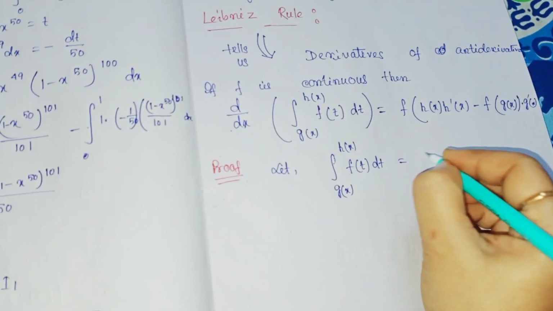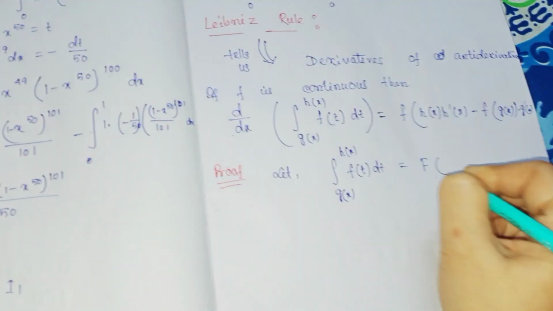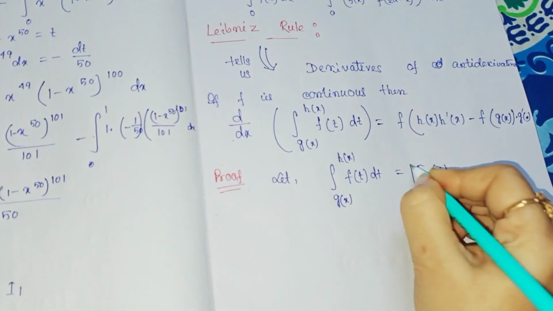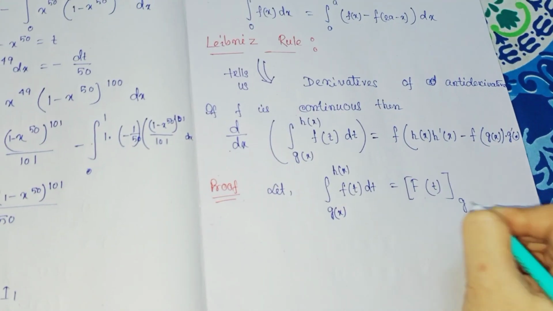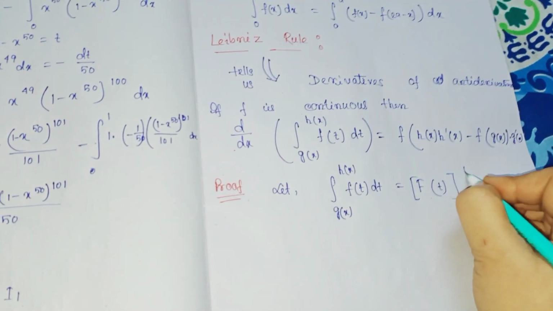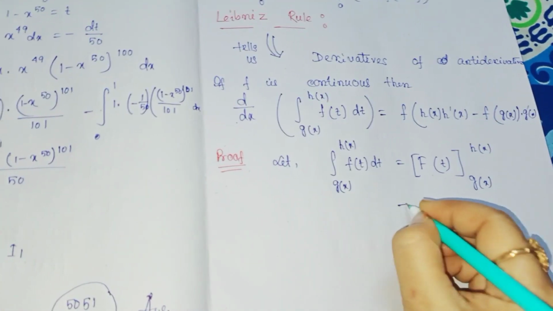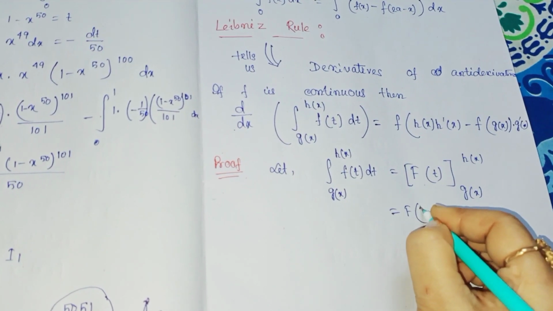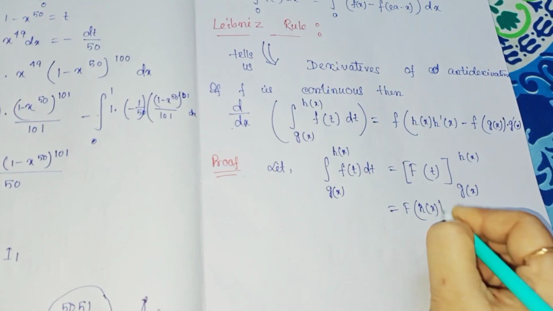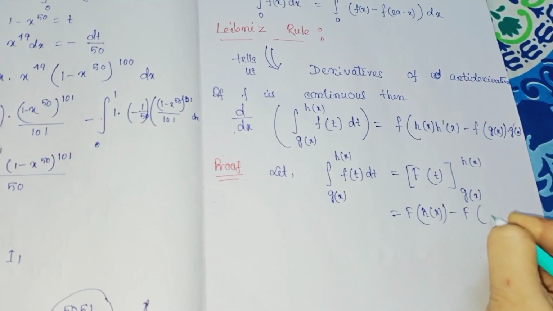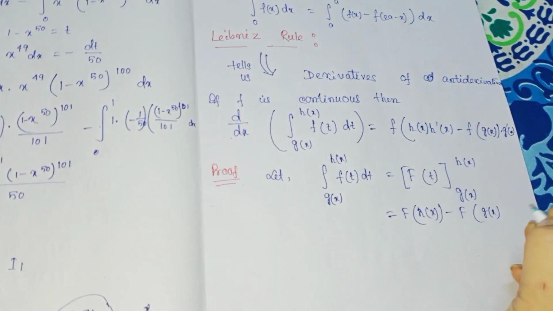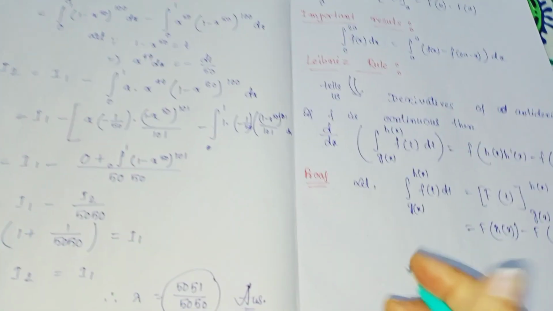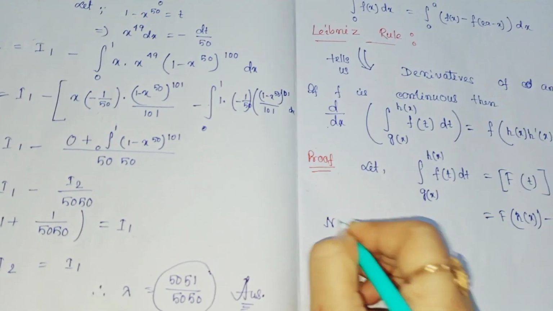So here we get F(t) between the limits g(x) and h(x), the lower and upper limits. Now this is F(h(x)) minus F(g(x)).